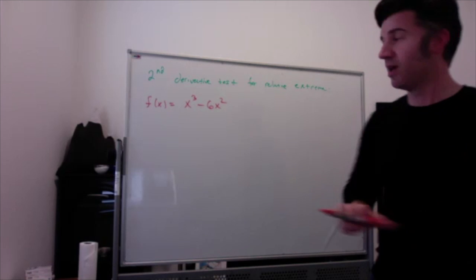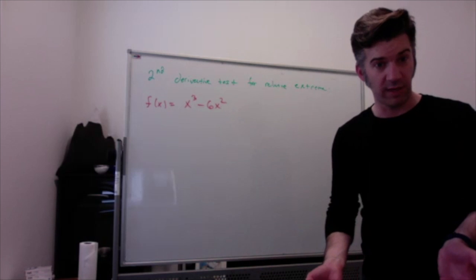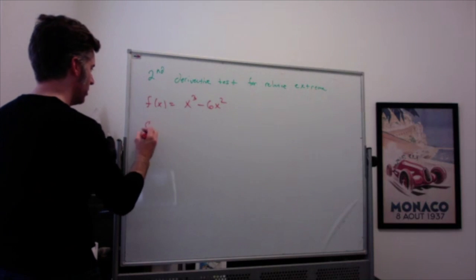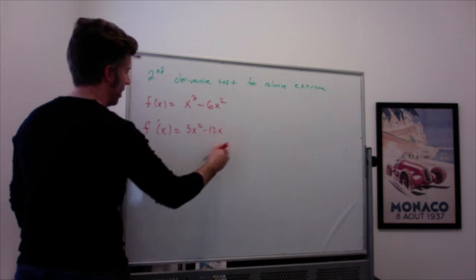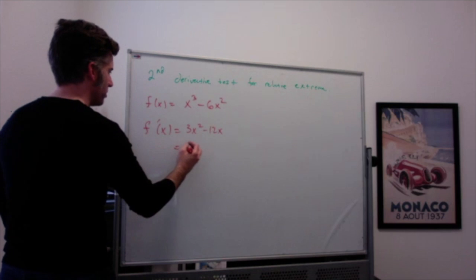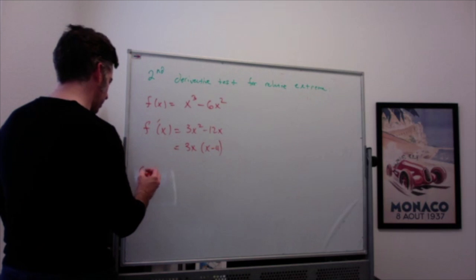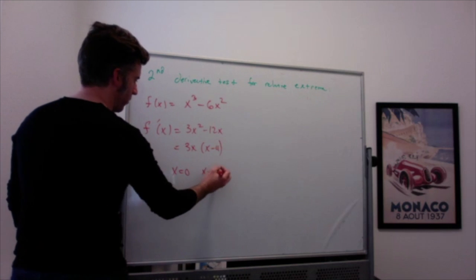The way we're going to do this is first the normal way, using the first derivative test. So first, either way, we have to find the critical values. Take my derivative, it's 3x squared minus 12x. Factor, 3x times x minus 4. And yes, we get the critical values, x equal to 0 and x equal to 4.